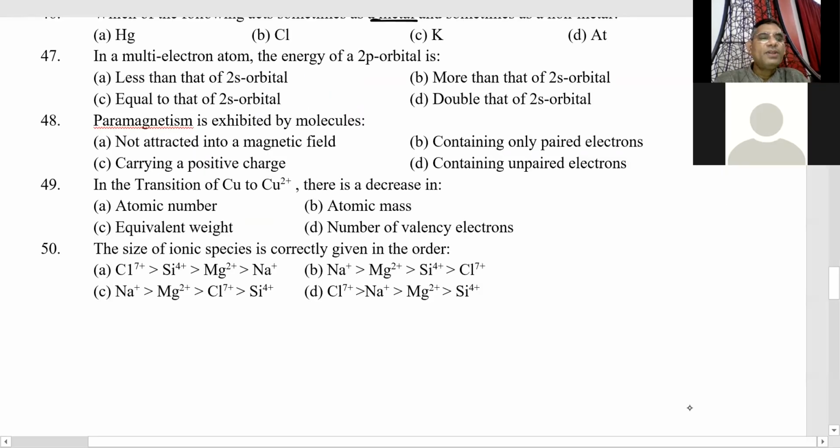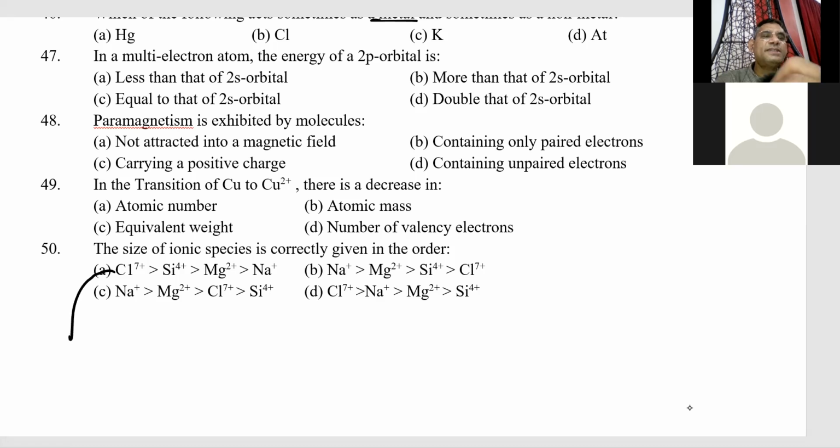See here, this has 10 electrons. And what about protons? Protons are 17. And what about this one? Si4 plus has 10 electrons and 14 protons. 10 is the same.